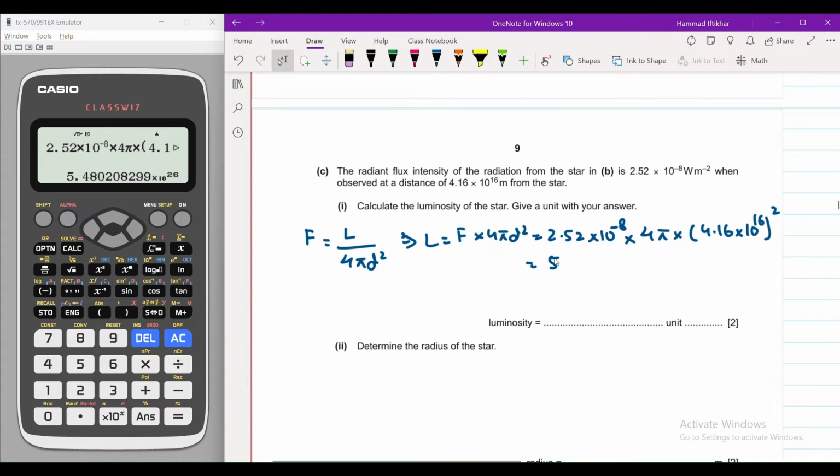So this is 5.48 times 10 raised to power 26. Now what will be the units? This is watts per meter squared and this is meter squared, so this is just watts. So 5.48 times 10 raised to power 26 watts.